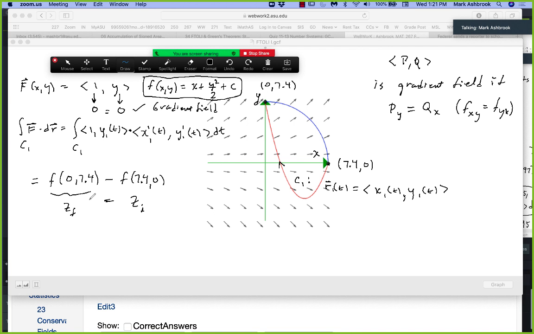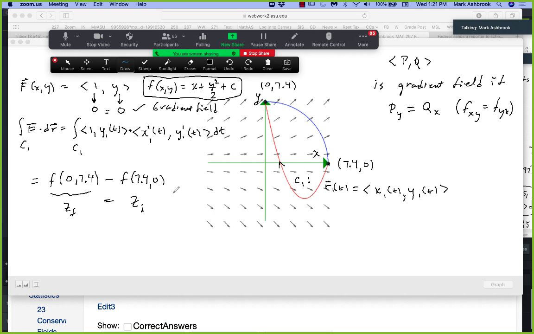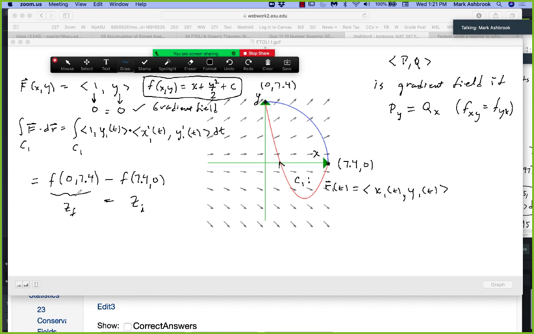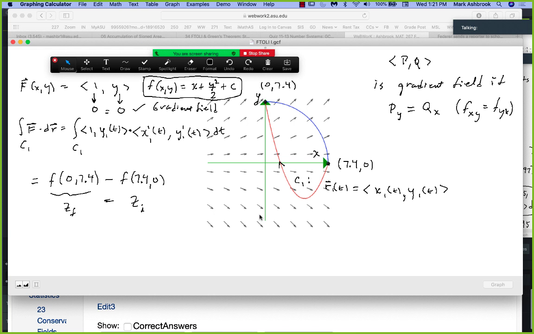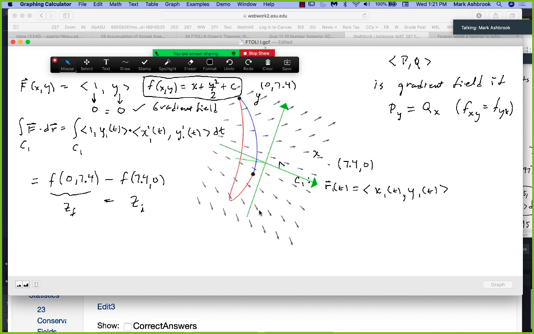When you bring the fundamental theorem of line integrals into it, you introduce a third dimension into this problem. So in the third dimension, what is z final minus z initial? What does that represent? Change in height. Good.